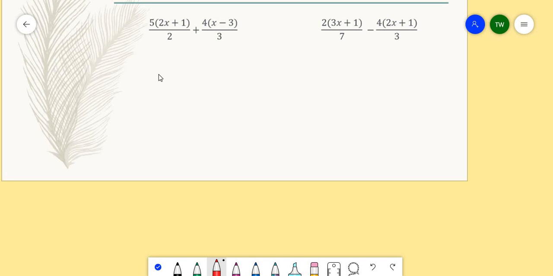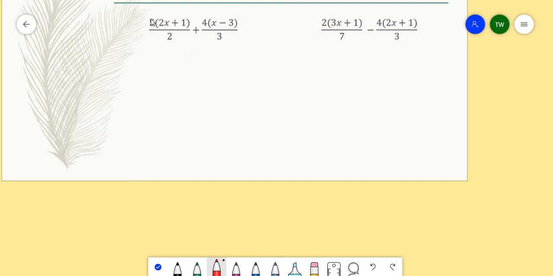For this question, what we're going to do, we have a 5 outside here multiplying everything inside of the bracket, and we also have a 4 outside of this bracket multiplying everything inside of the bracket. So before we even think about finding a common denominator, what we're going to do is to use the distributive law first.